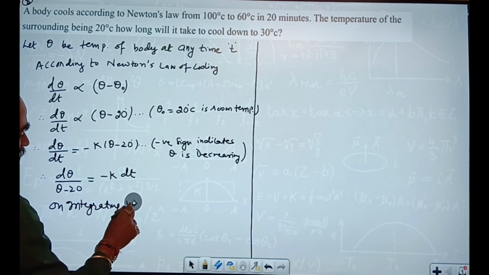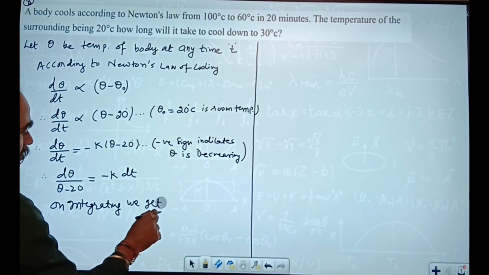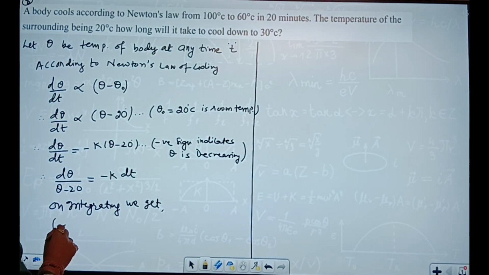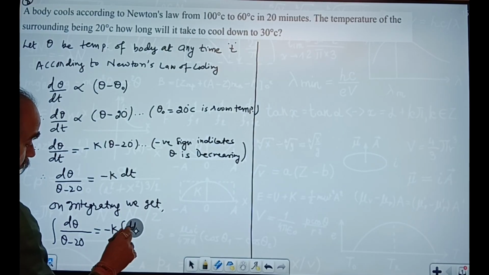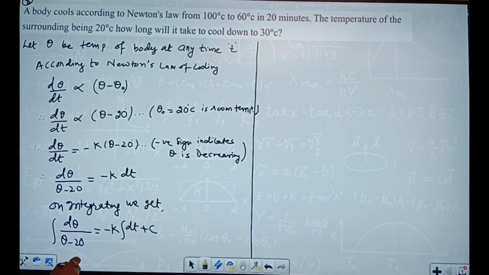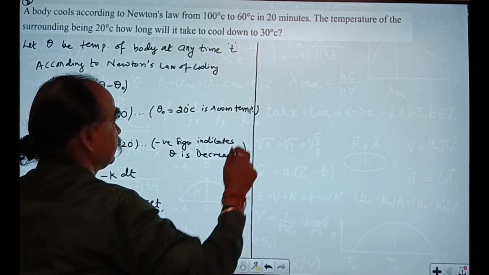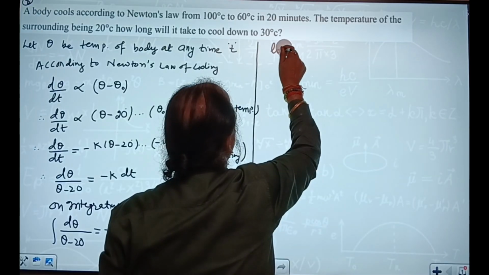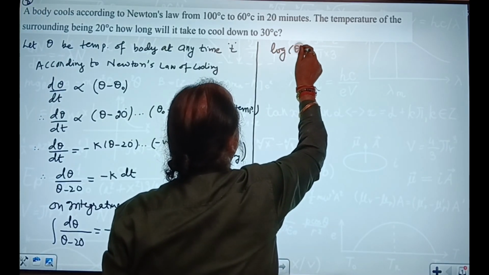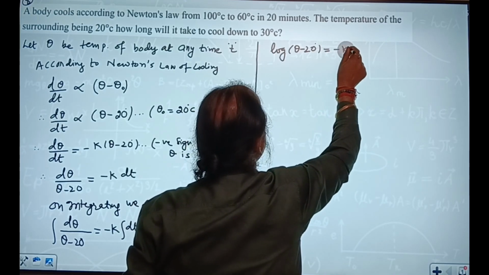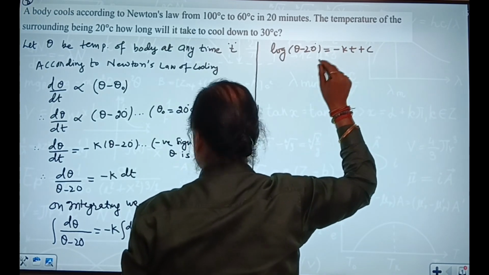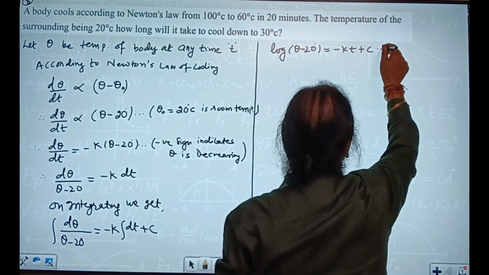On integrating, we get the integral of d theta upon theta minus 20, so log of theta minus 20 is equal to minus kt plus c. Equation number 1.